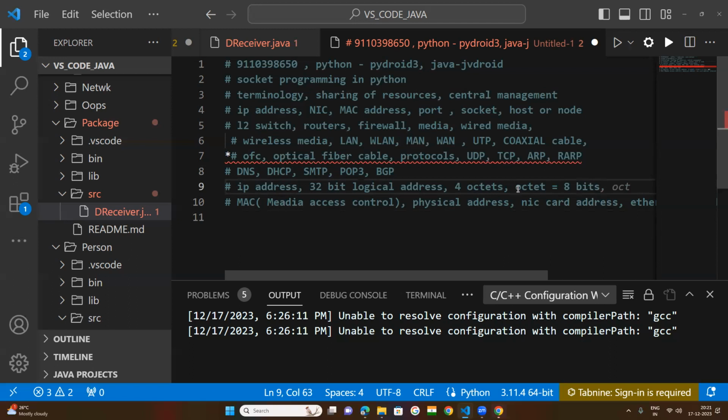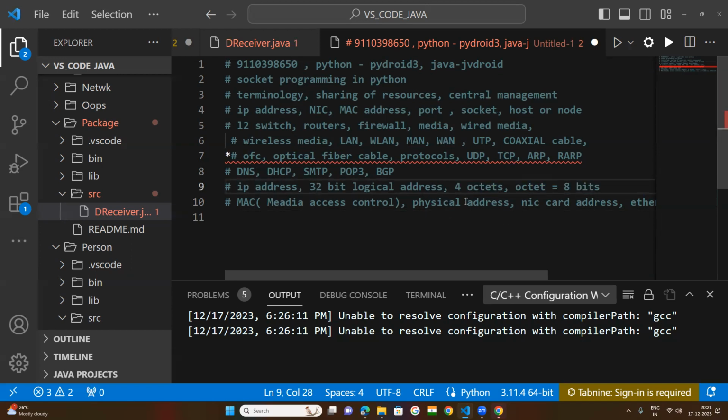Bit means 0 or 1. So 4 octets means 4 into 8, which is 32 bits. This address can be changed. This is called an IP address.